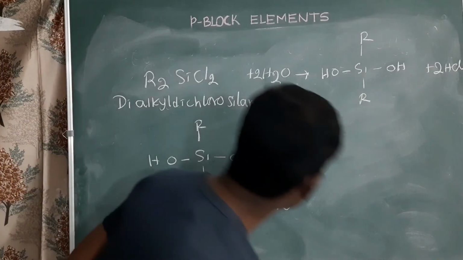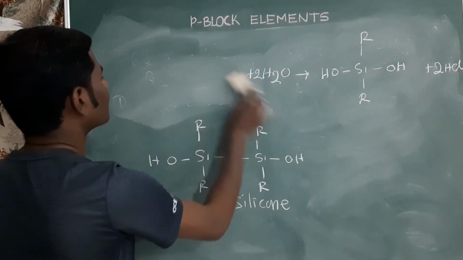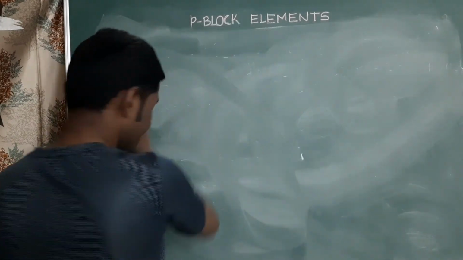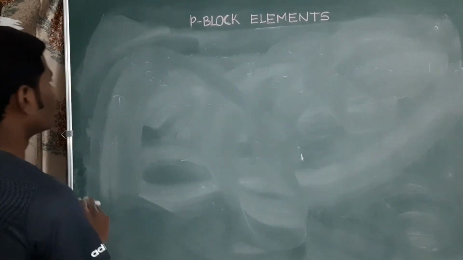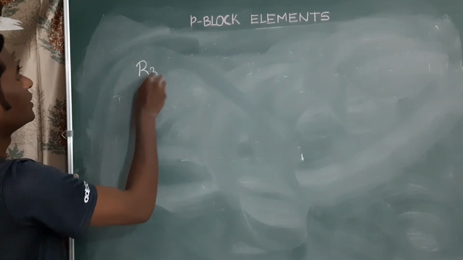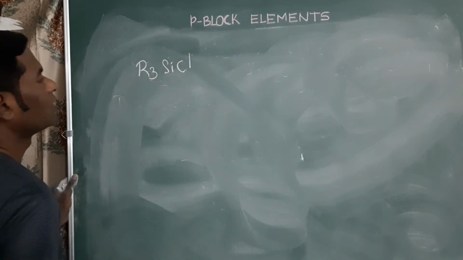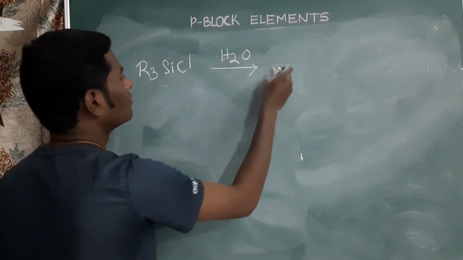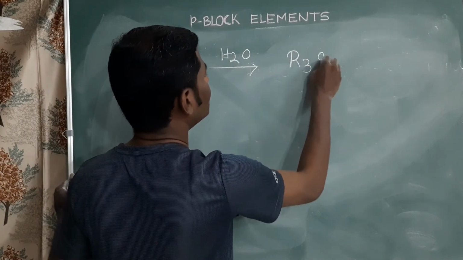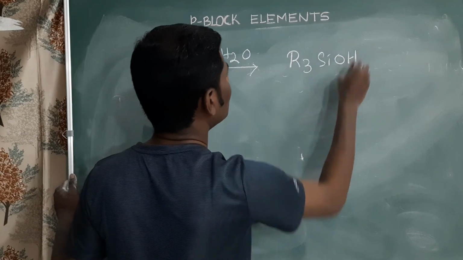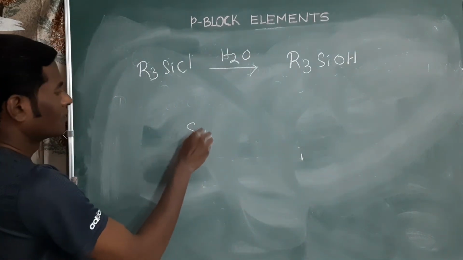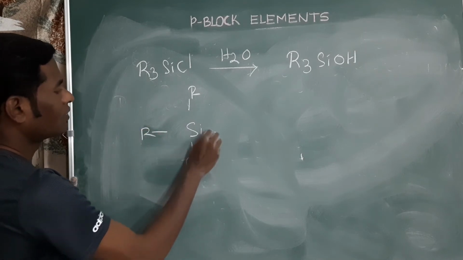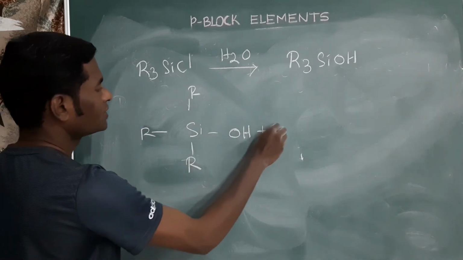Next is trialkyl monochlorosilane. Structure of trialkyl monochlorosilane, R3SiCl, involved in hydrolysis. We will get R3SiOH. This trialkyl has one active side chain.